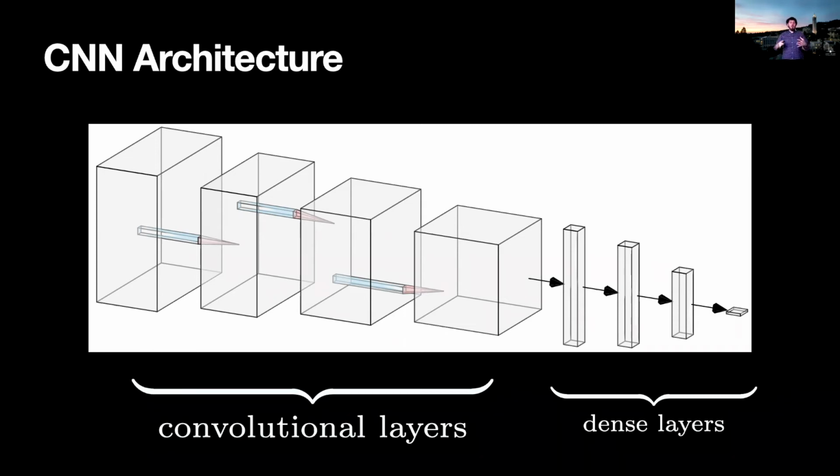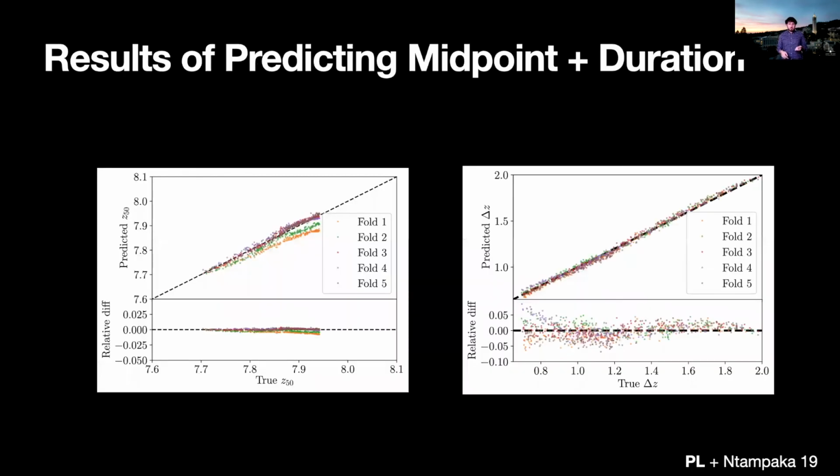What I do is present the input images and labels, saying, okay, these are the values you should get. The machine does the hard work of trying to guess what value of Z50 and delta Z I would get for data it hasn't seen before. That's the name of the game here. You might ask, okay, how well does it do? The answer is pretty well for simple data.